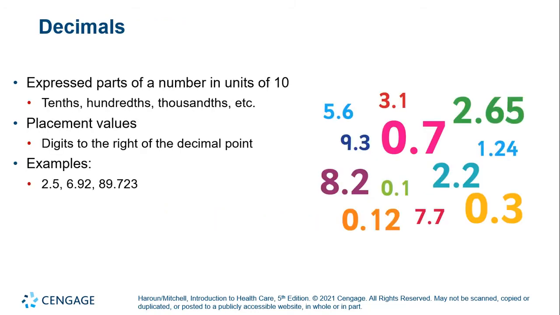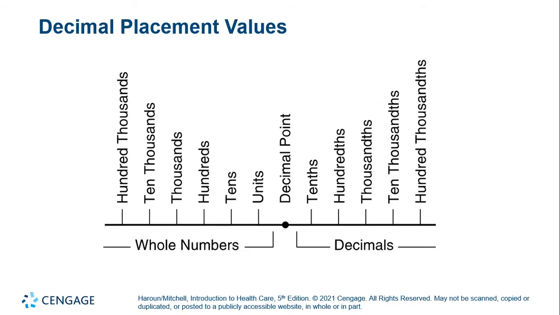Decimals are expressed as parts of a number in units of 10, such as tenths, hundredths, etc. And the placement values are really, really important. So here is a number line showing you the placement values based on where that number appears in relationship to the decimal point.